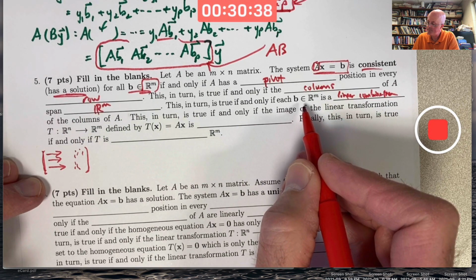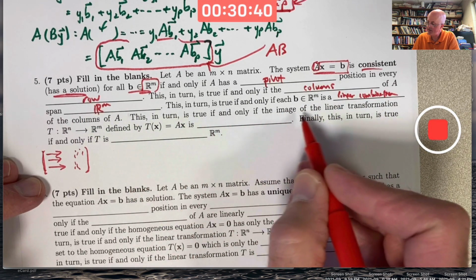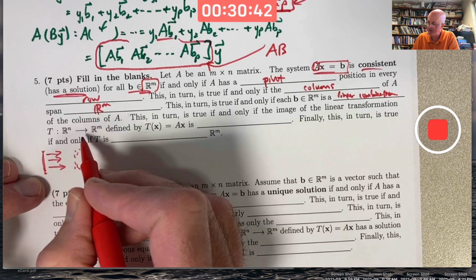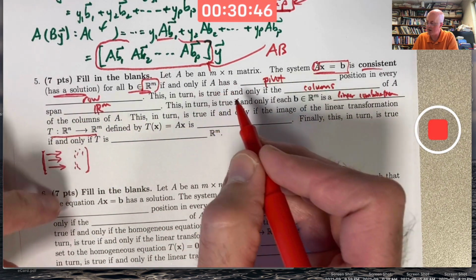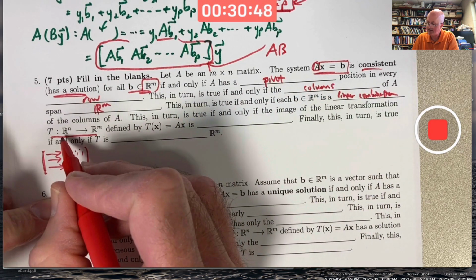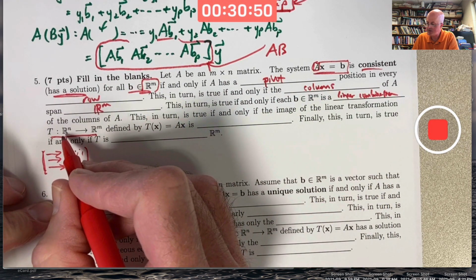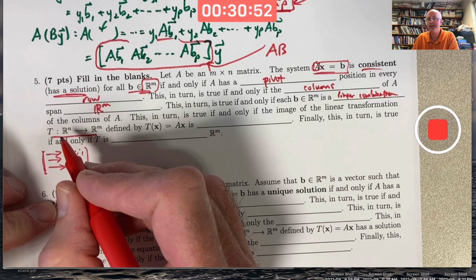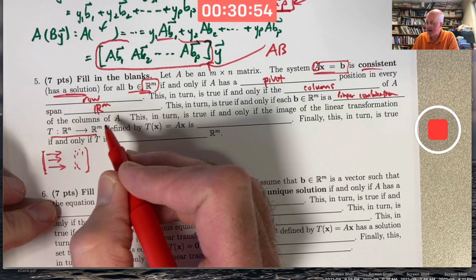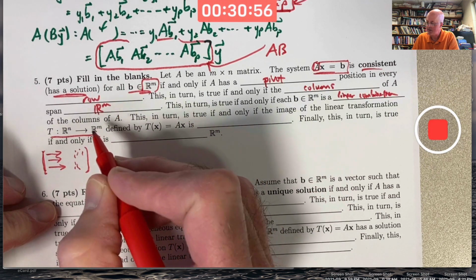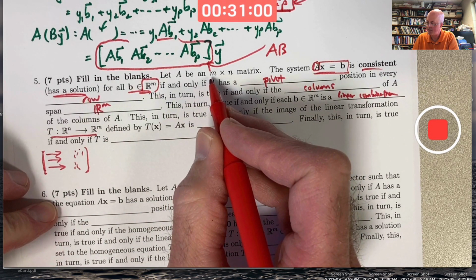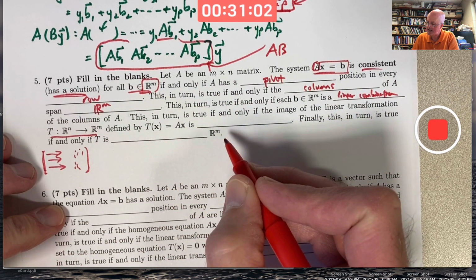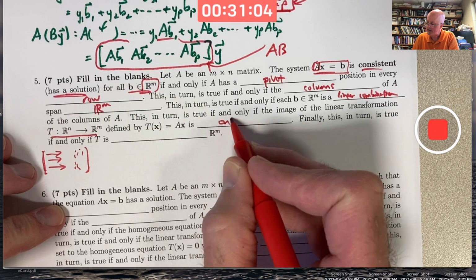This in turn is true if and only if the image of the linear transformation T from Rn to Rm, notice again the numbers get switched around here. You plug in n-dimensional vectors into T, you find the output by taking A times that vector, Ax, and you'll get an m-dimensional vector because the columns of A are m-dimensional. Defined by that equation is onto, is the key concept.